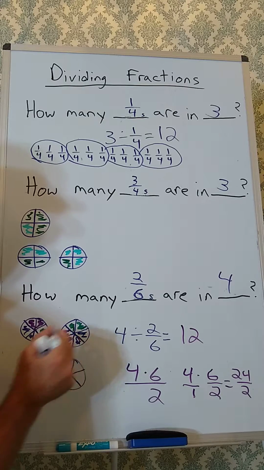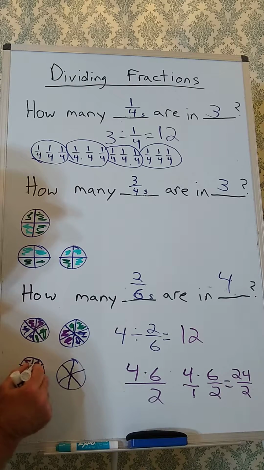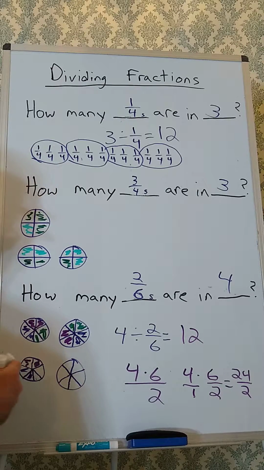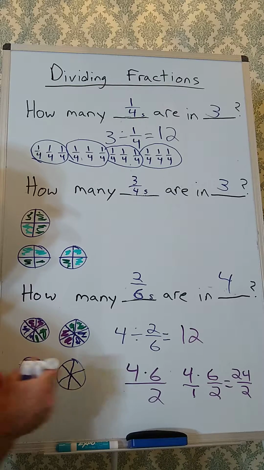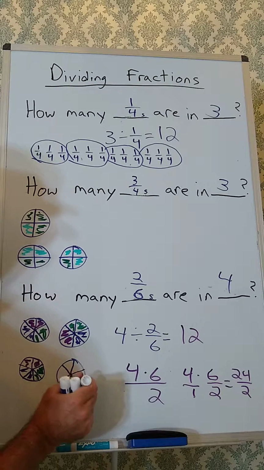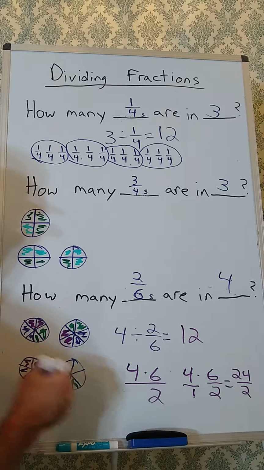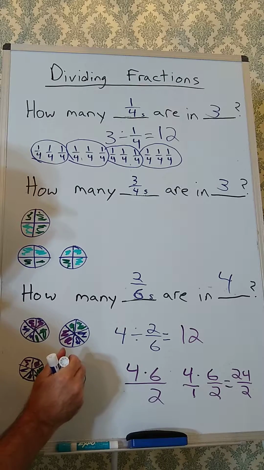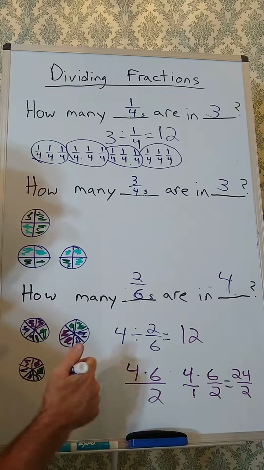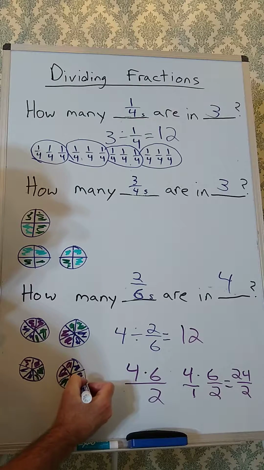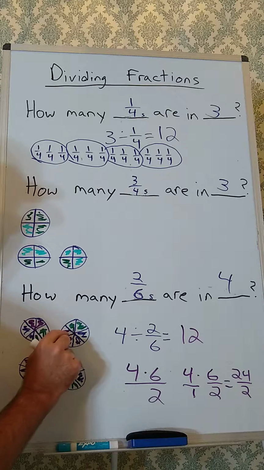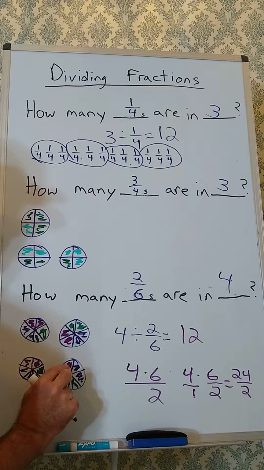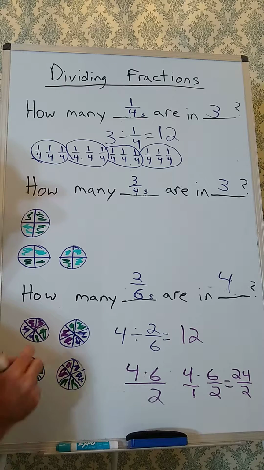There's a 2 sixths. There's another one. Another one here. Another one here. And one last 2 sixths. So we see 1, 2, 3, 4, 5, 6, 7, 8, 9, 10, 11, 12.